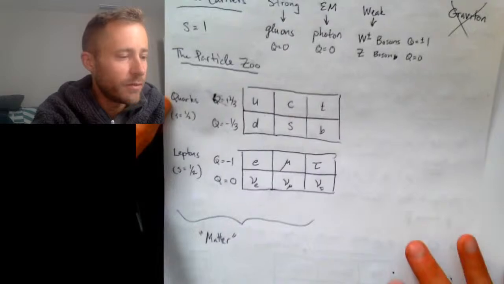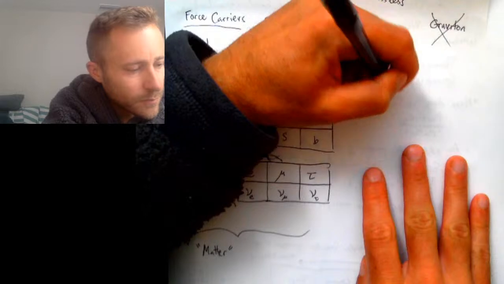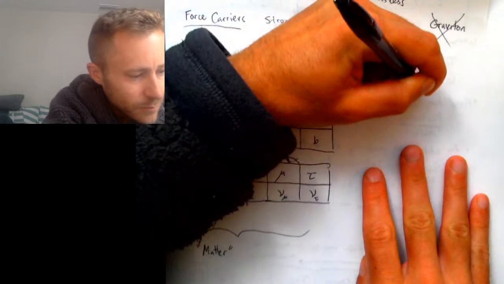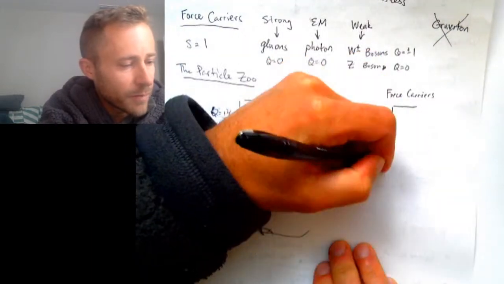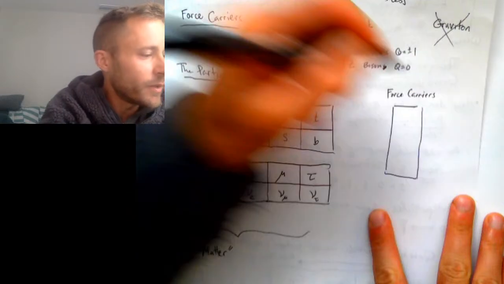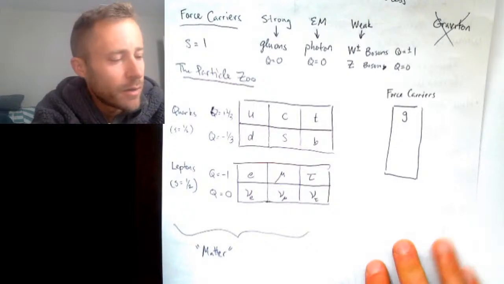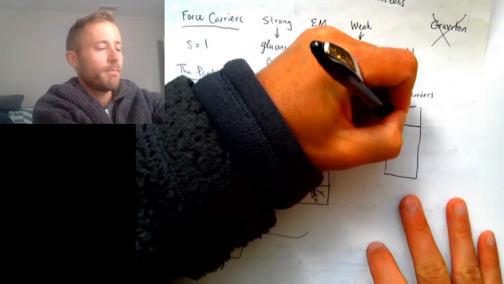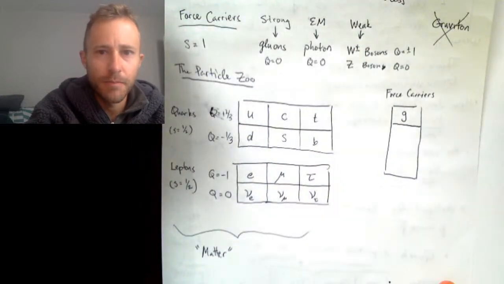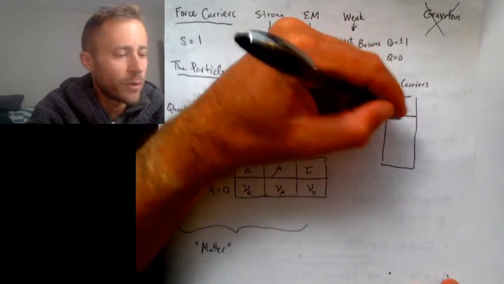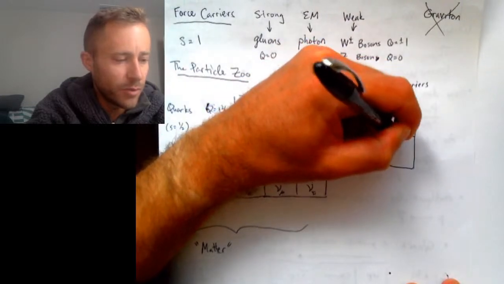And then we also have the force carriers. There are a couple of them. So there's the gluon, which is denoted by G. There is the photon, which is denoted by gamma. There is the W plus and minus.